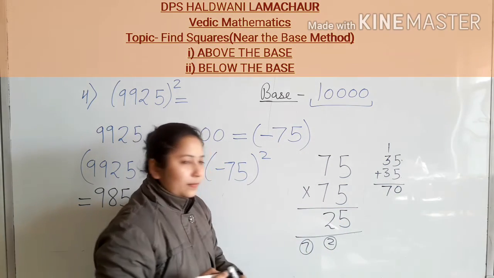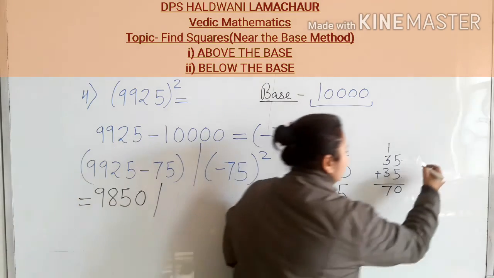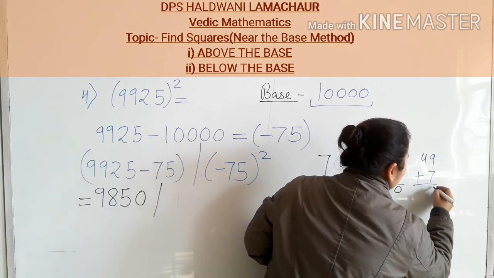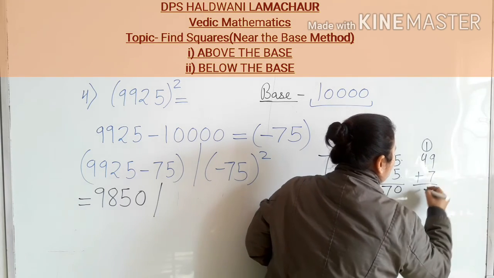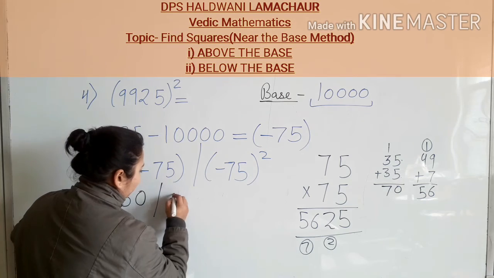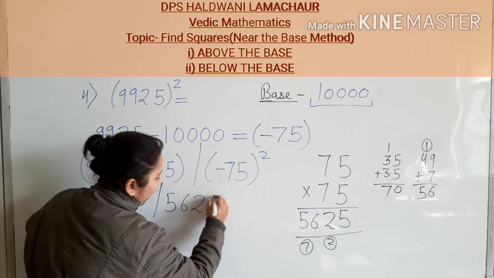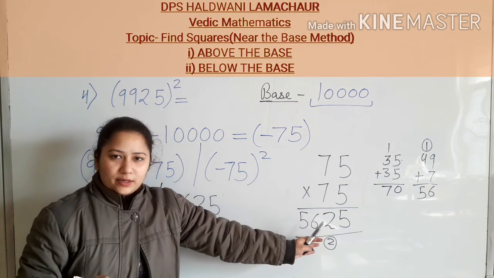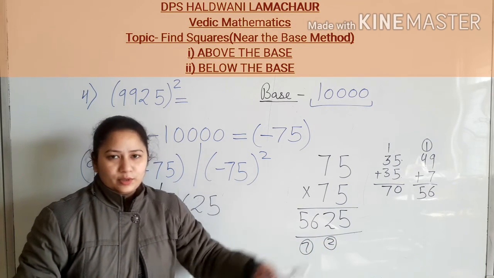Now 7 7s are 49. 49 plus 7, 16. 6 here, 1 will go carry. 4 plus 1, 5. So it's 5625. See students, how I have done 2-digit multiplication in one row. You can also learn this method.